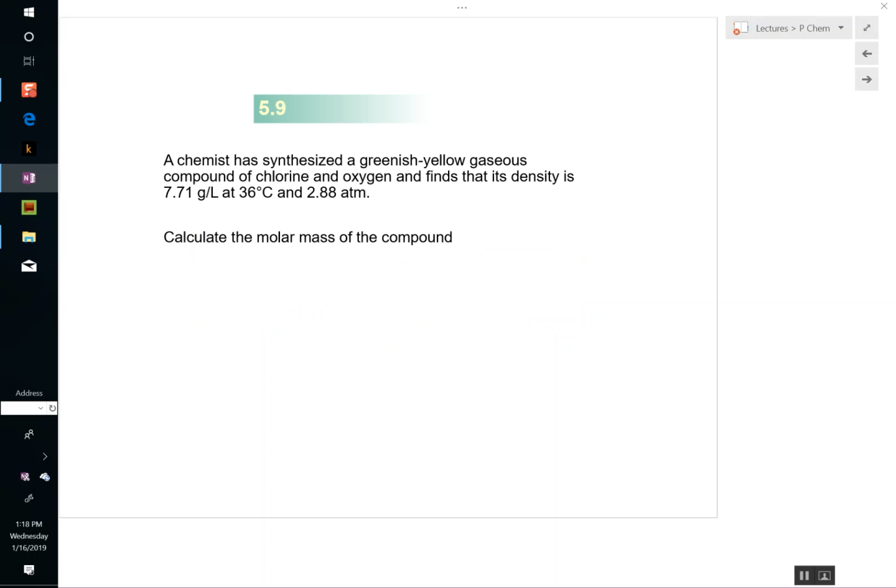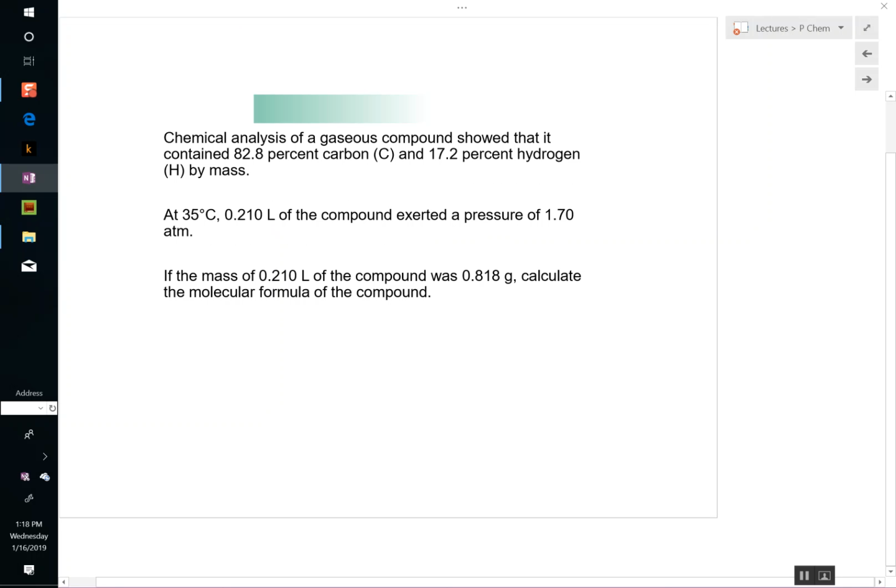Here's one that would warm you up a little bit more. A chemist has synthesized a greenish yellow gaseous compound of chlorine and oxygen and finds that its density is 7.71 grams per liter at 36 degrees C and 2.88 atmospheres. Calculate the molar mass of the compound. So you could use some of these to move on into that.